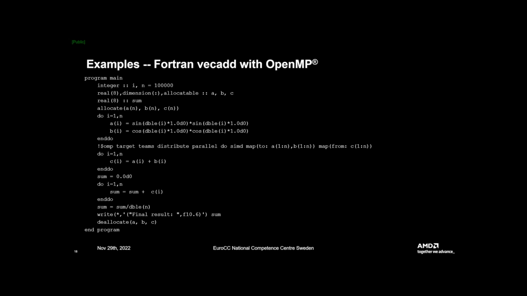The kernel itself, this do loop, will be much faster, but now you have to transfer data back and forth. The way we usually proceed with OpenMP is we start moving the more compute intensive parts over to the GPU, and then slowly expand the region, so we're eliminating the data movement as much as possible.